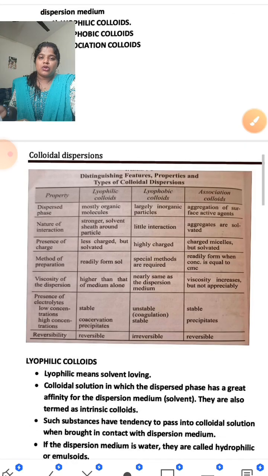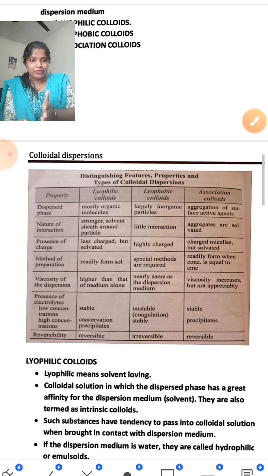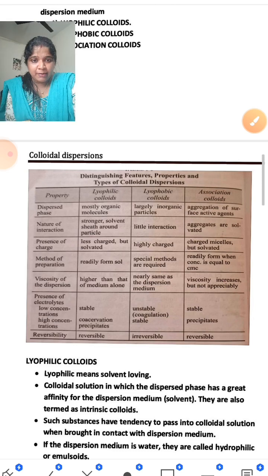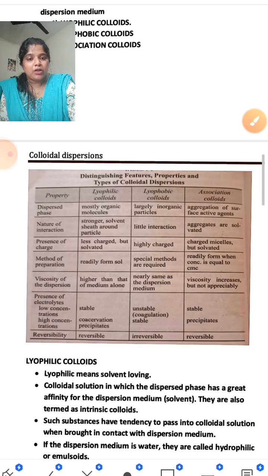Next we will see the tabular column, where the three types of colloids are nicely explained. First, the dispersed phase. In lyophilic colloids, mostly organic molecules are the dispersed phase.